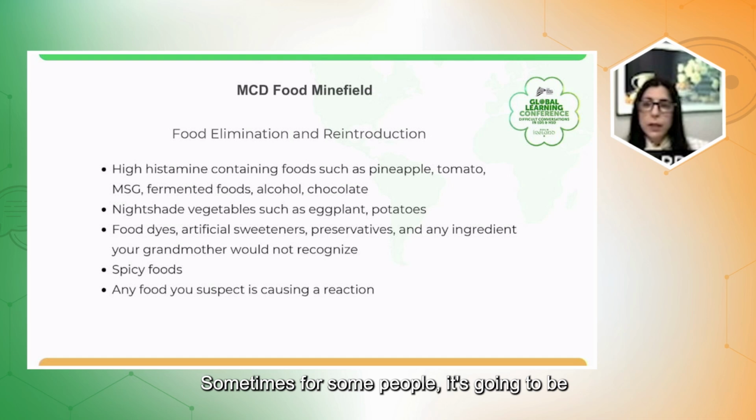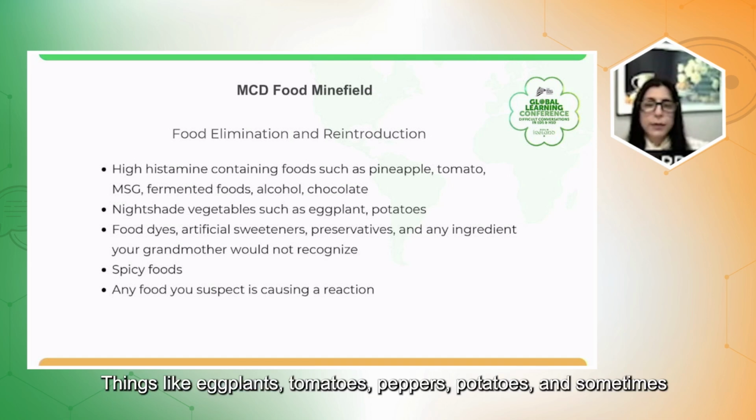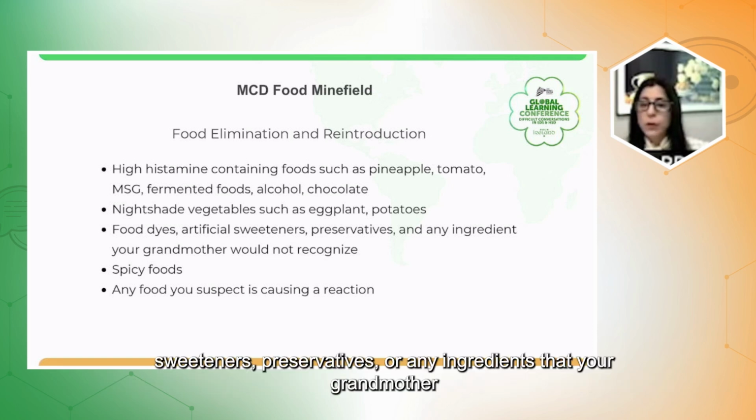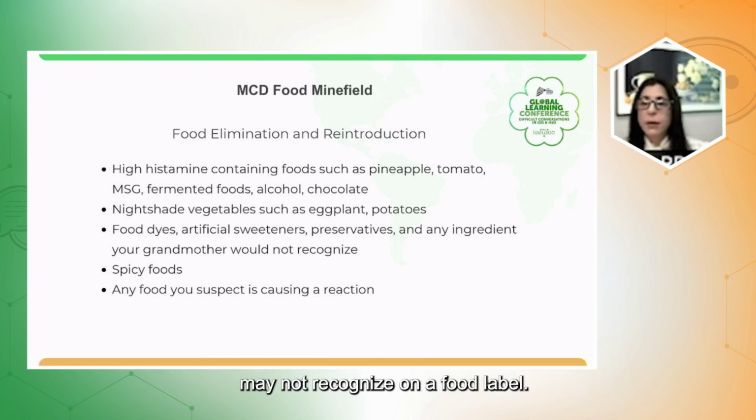Sometimes for some people, it's going to be removal of the nightshade vegetables, especially if they also have an autoimmune disease as well. Things like eggplants, tomatoes, peppers, potatoes, and sometimes it's going to be food dyes and artificial sweeteners, preservatives, or any ingredient that your grandmother may not recognize on a food label.